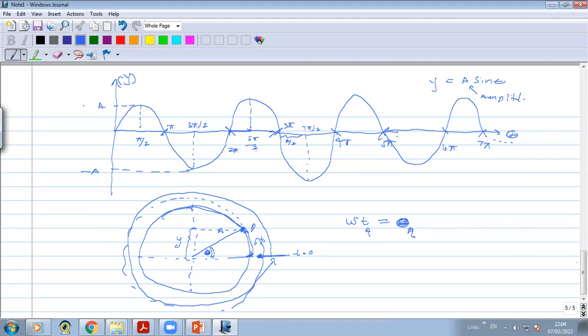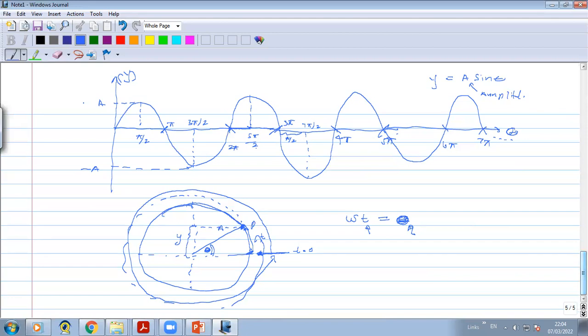So instead of this theta, we can put t here. When theta is increasing, this P is traveling along this circle like this, the same circle.